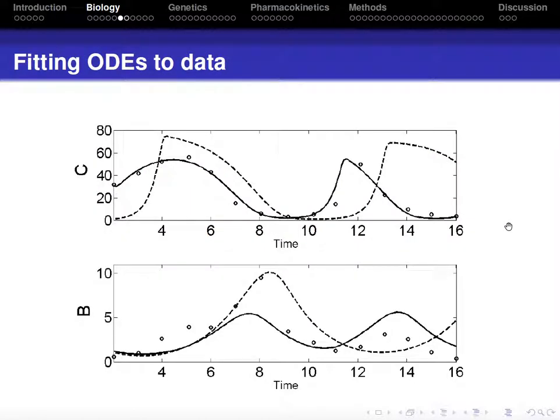So if you look at the graph, you can see here the solid line represents the ODE solution with our estimated ODE parameters. Okay, and you can see here with our new estimated parameter values, the ODE solution, the solid lines, are actually able to fit the data much better, right? Okay, so this is very good.